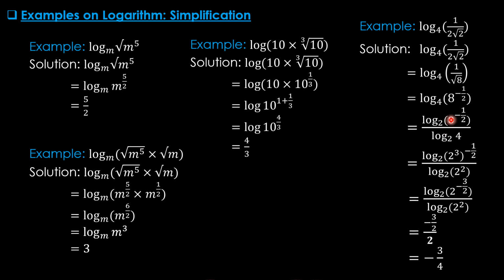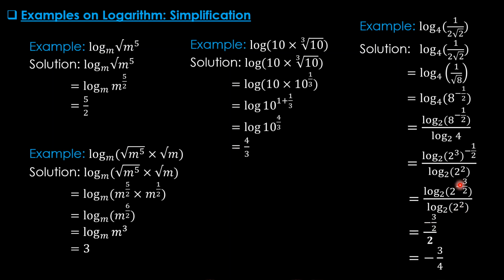Then this 8 means 2 cube, and this minus half power stays as it is. Then we write 2 to the power 3 to the power minus half means 2 to the power minus 3 over 2, and in the denominator 4 means 2 square. So log 2 to the power minus 3 over 2 divided by log 2 square.